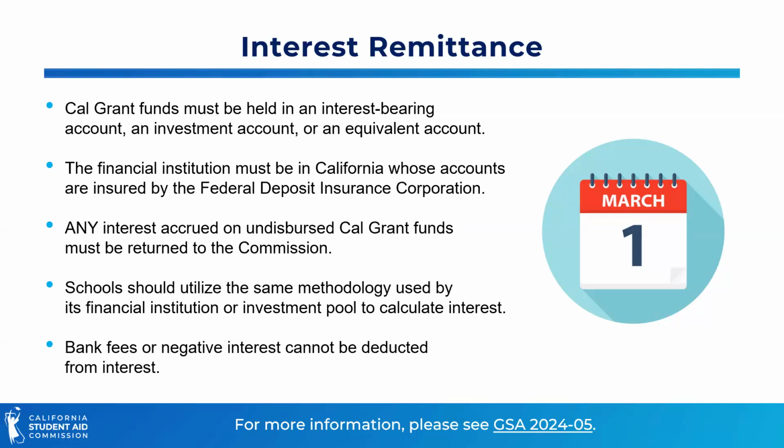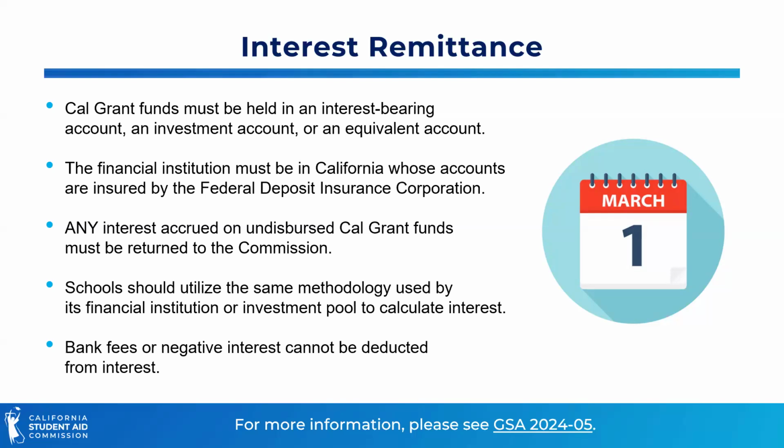That means that your Cal Grant funds must be held in an interest-bearing account, an investment account, or the equivalent. The financial institution that holds those funds must be located in California, and their accounts must be insured by the FDIC. Now, any interest accrued on undispersed Cal Grant funds must be returned to the Commission.